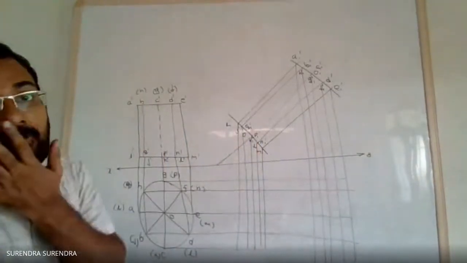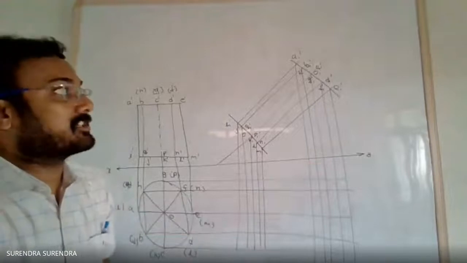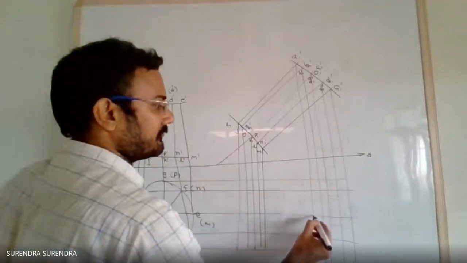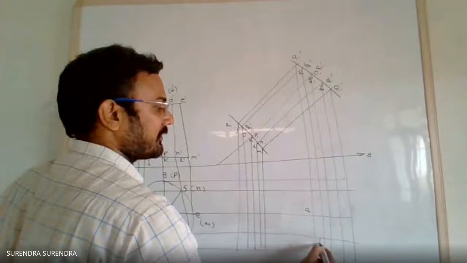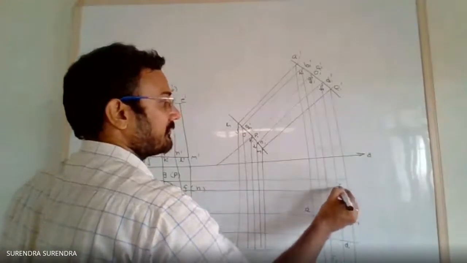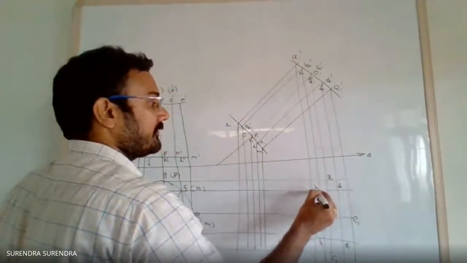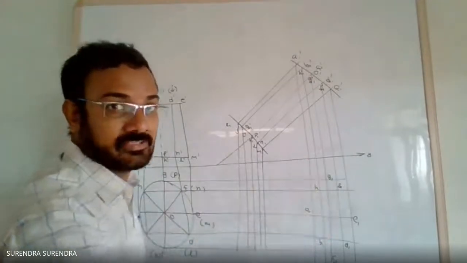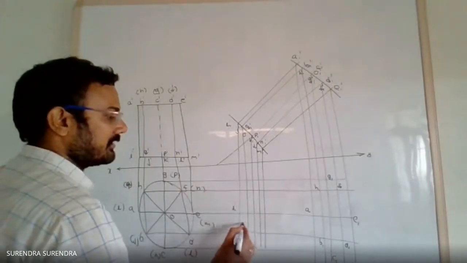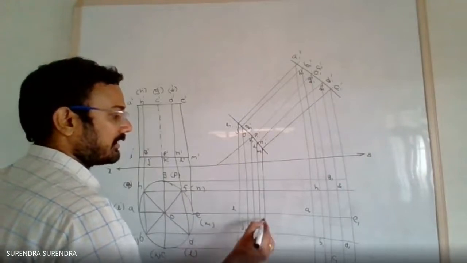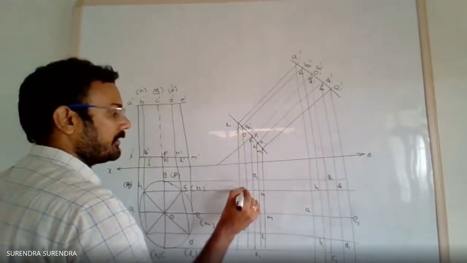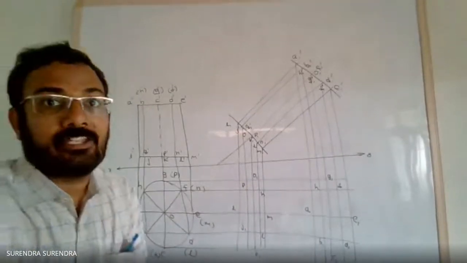Mark all the respective intersection points: A, B, C, D, E, F, G, H on this side, A1, B1, C1, D1, E1, F, G, H on one side, and I1, J, K, L, M, N, O, P. Top base and bottom base.